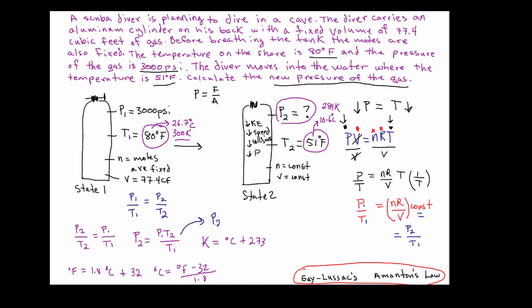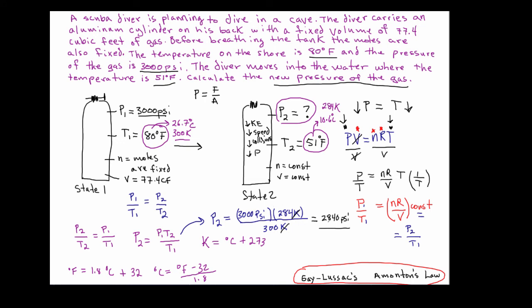P2, the final pressure of my tank once the diver enters the water, is going to be equal to P1, which is 3,000 psi, times T2, which is 284 Kelvin, divided by the initial temperature, which was 300 K. You can see nicely here that the Kelvins cancel out, and we have successfully solved for the psi, which turns out to be 2,840 psi.